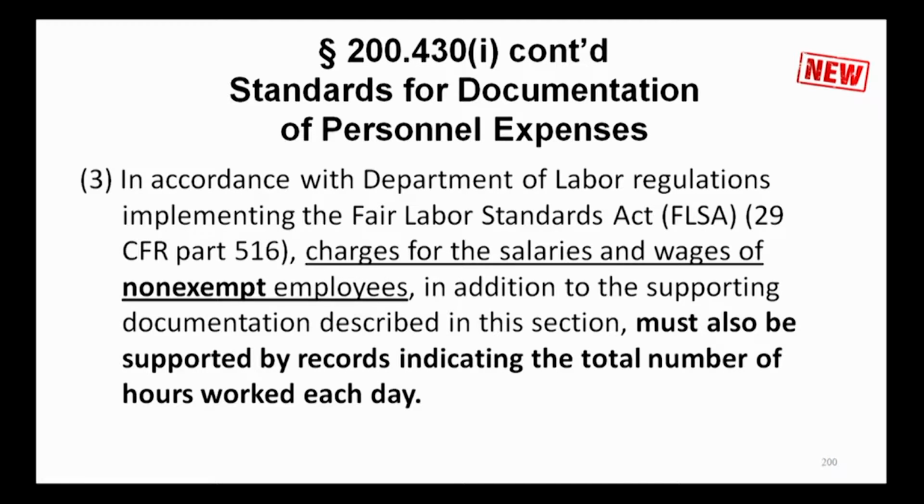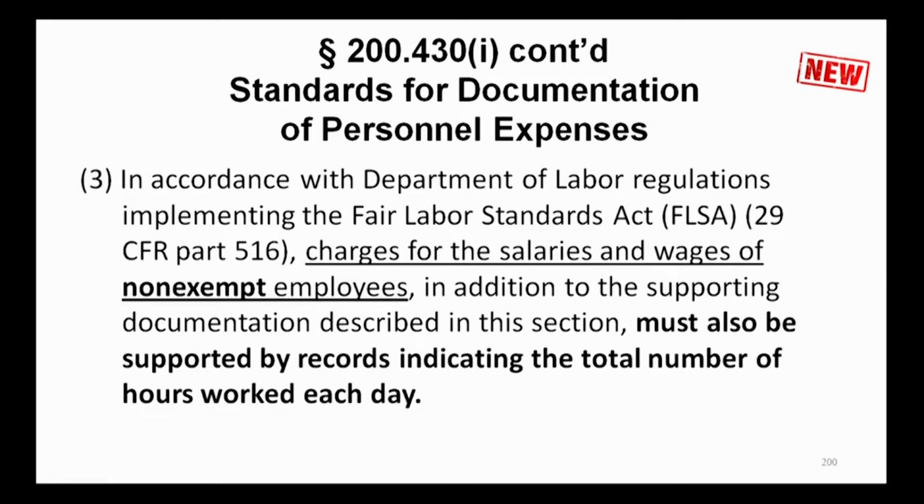So paragraph 3, where it says other than that reference in paragraph I3, this is a new section added in accordance with the Department of Labor regulations for the Fair Labor Standards Act. Charges for the salaries and wages of non-exempt employees, in addition to the supporting documentation described in this section, must, underline that, must also be supported by records indicating the total number of hours worked each day.